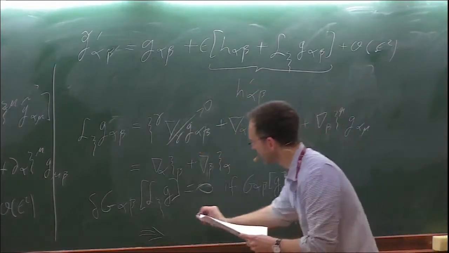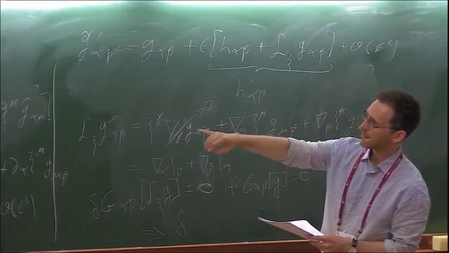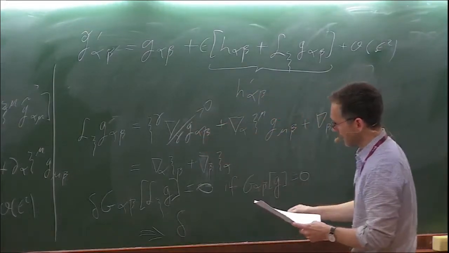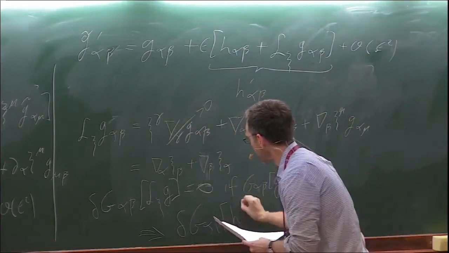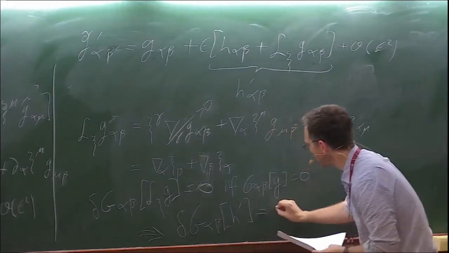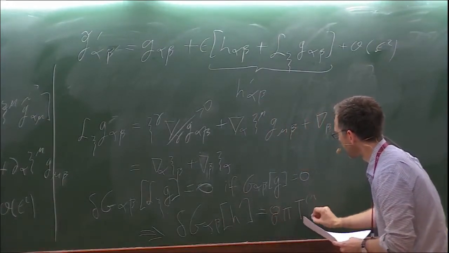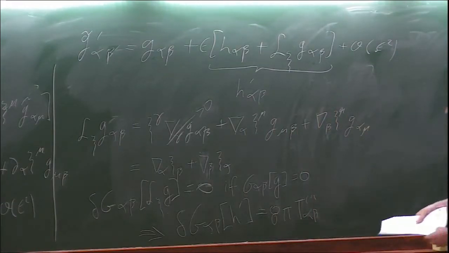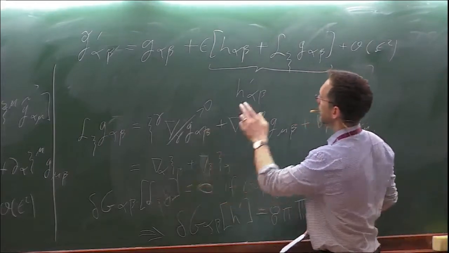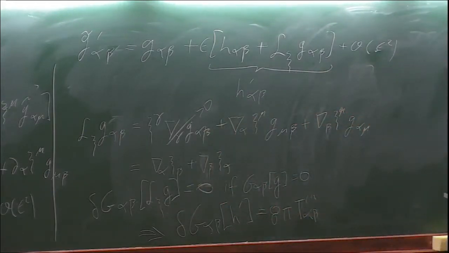So that implies that if delta G of h is equal to 8 pi T1, then delta G of h prime is also equal to 8 pi T1 alpha beta, because this additional term in h prime just contributes 0 to the Einstein equation.